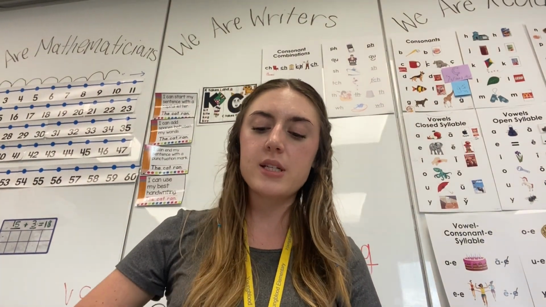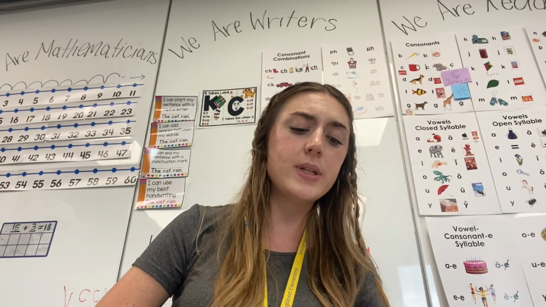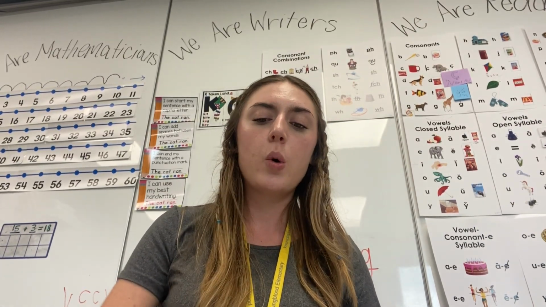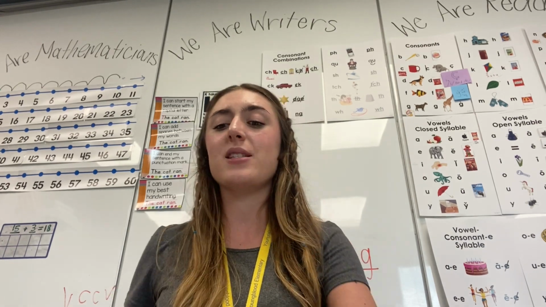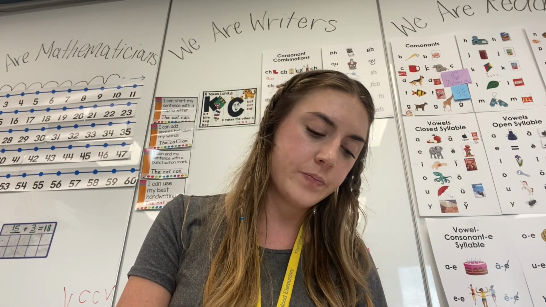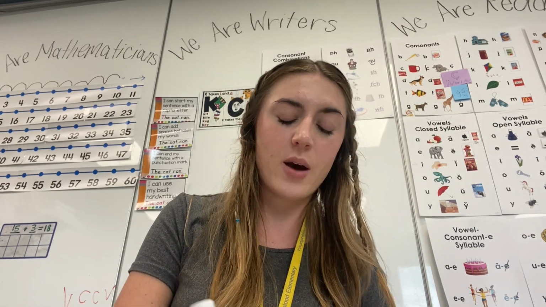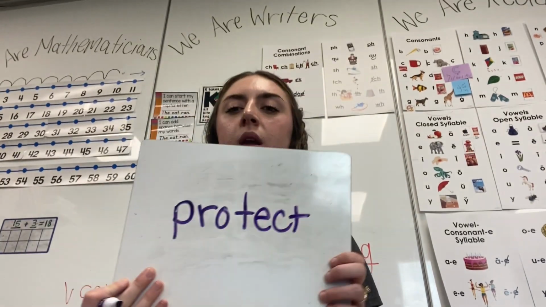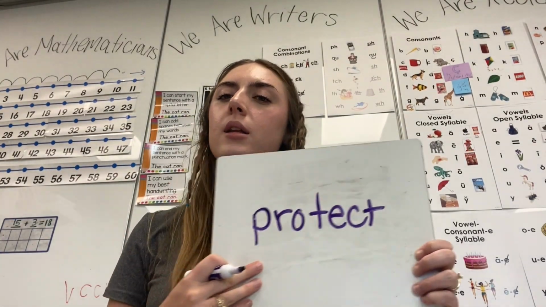Another version of a multisyllabic word is an open syllable multisyllabic word. That means that the first or the last syllable is going to be an open, or long, sound. You will see that with words like protect. I'm going to code this one a little differently.